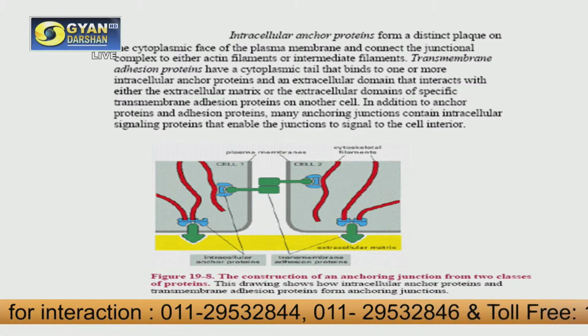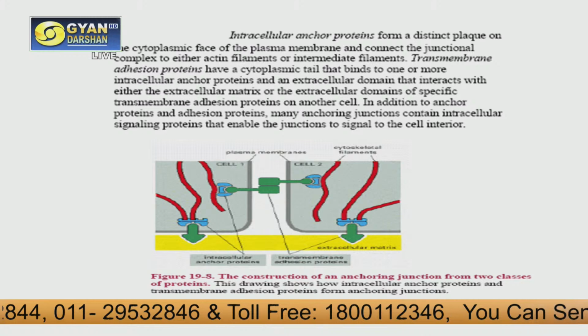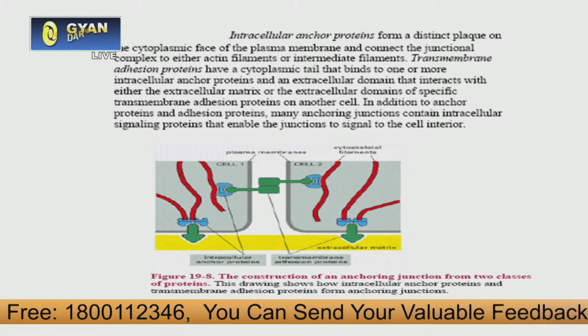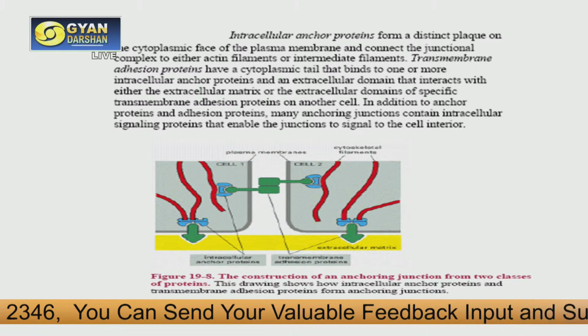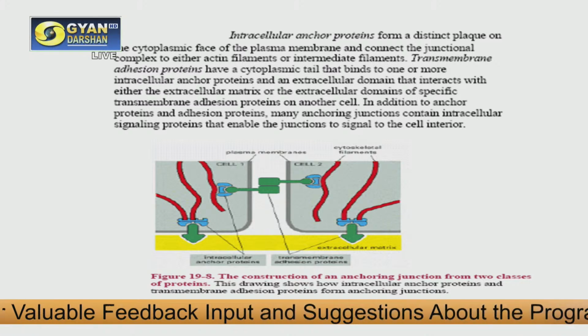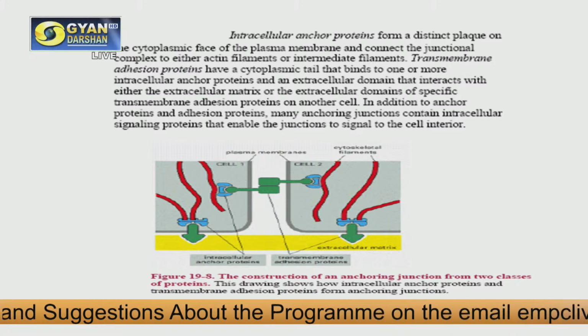The tail portion is within the cytoplasm and the head portion is outside the cytoplasm. Similarly for the other cell also, the head portion is outside the cytoplasm, the tail portion is within the cytoplasm.